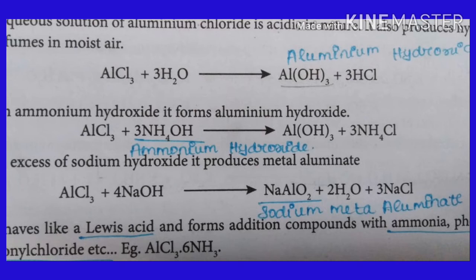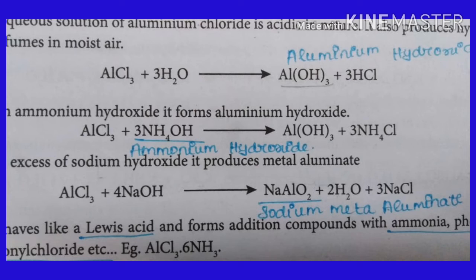Then the second one: when aluminium chloride is treated with ammonium hydroxide, it forms aluminium hydroxide with the elimination of ammonium chloride. When it is treated with excess sodium hydroxide, it produces sodium meta-aluminate, NaAlO2, with the elimination of water and sodium chloride.